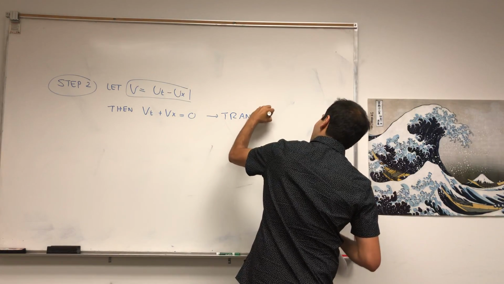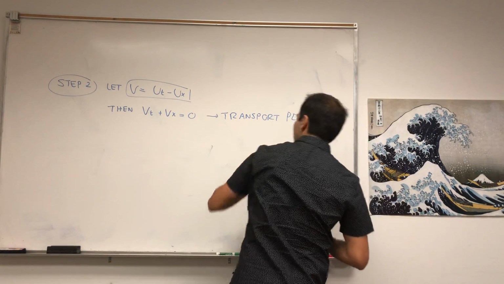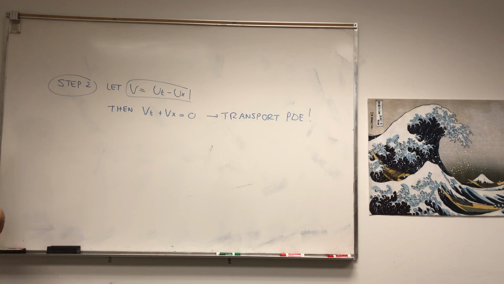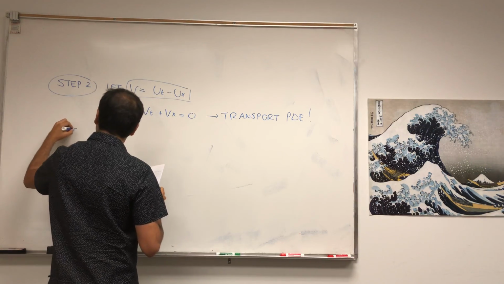In fact, I have done a video on the transport PDE, because the nice thing about this PDE is it has a very elegant explicit solution. So let me recall, or maybe you haven't seen this before.